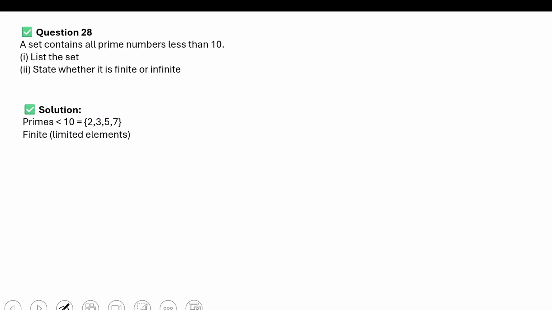This is a finite set, because it has limited elements. It's not an ellipsis, it's not continuous. I cannot continue to list this set; it stops at a particular point, that's at 7. So the answer for number 1 is 2, 3, 5, and 7, and for number 2, it is a finite set because it has limited elements.